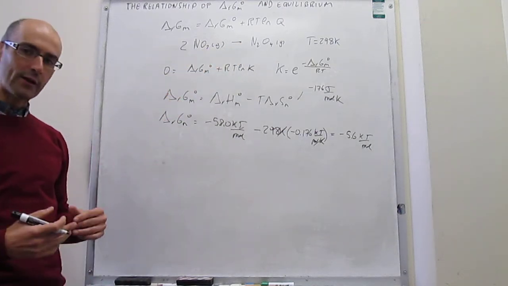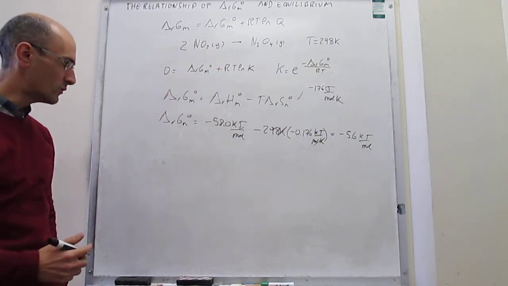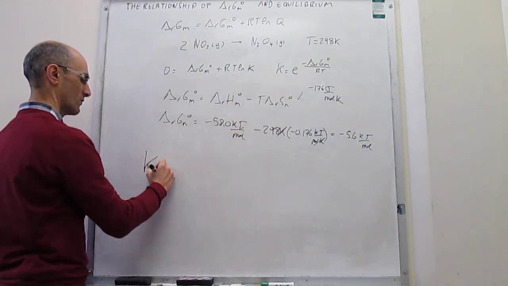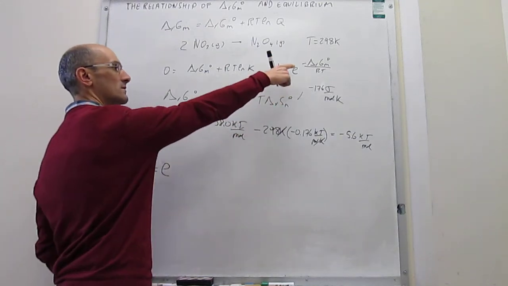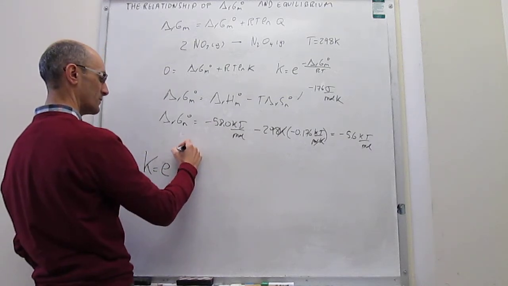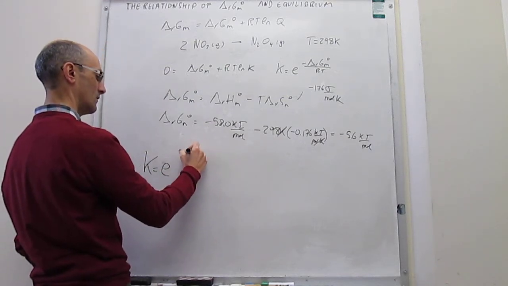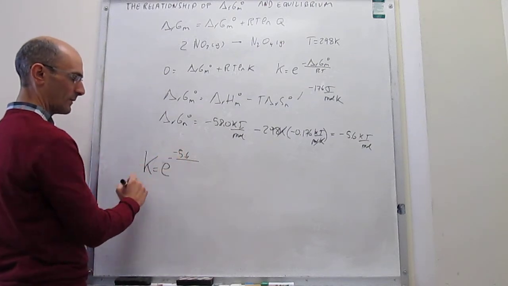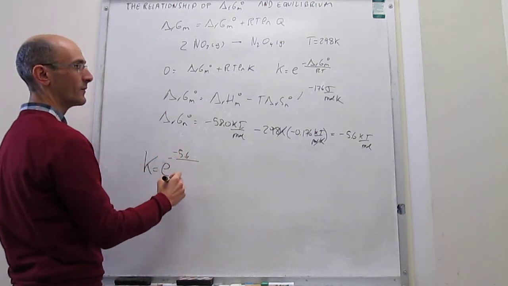Okay? Now we can also calculate what the equilibrium constant would be by just following that equation, right? So this is going to be e to the minus reaction Gibbs energy, which in this case is minus 5.6 kilojoules per mole. So it will be minus that number, so that would be a positive number, and then divided over RT.